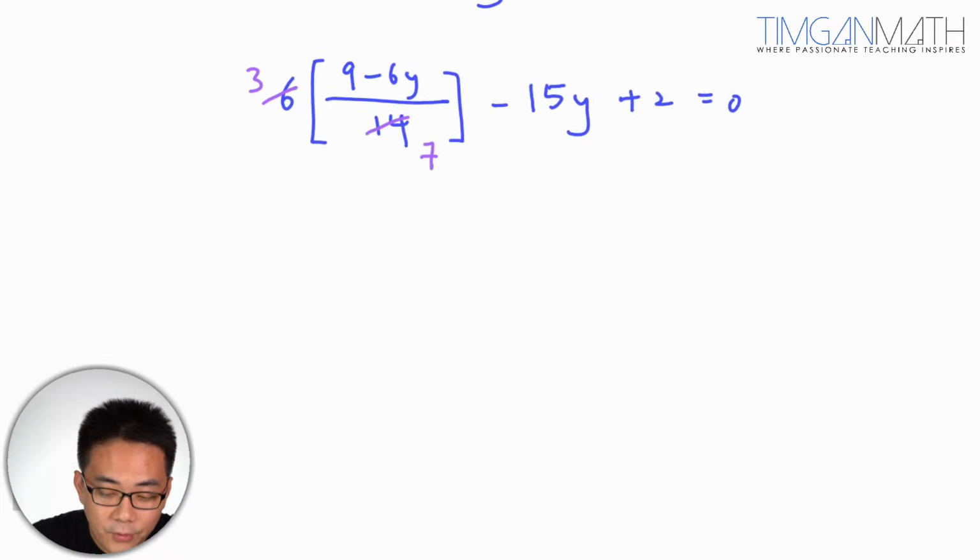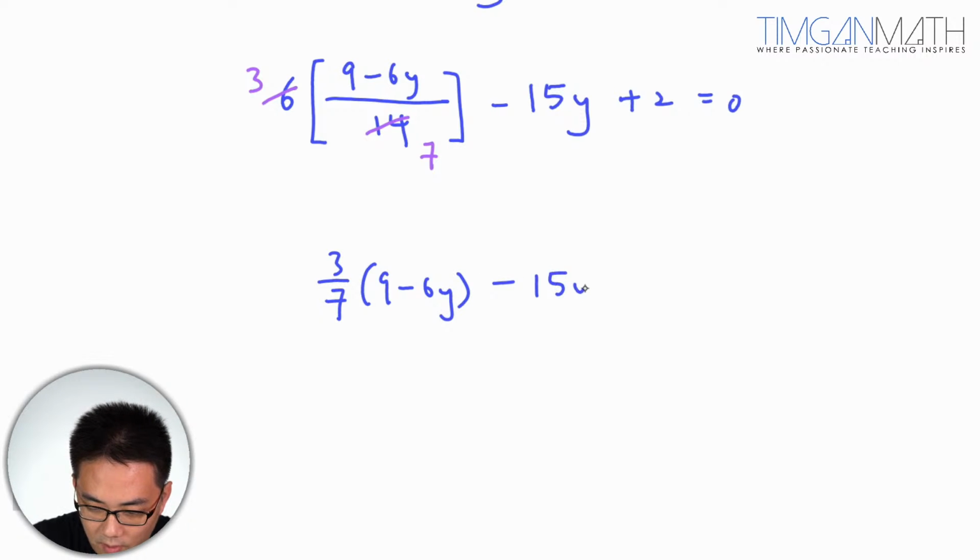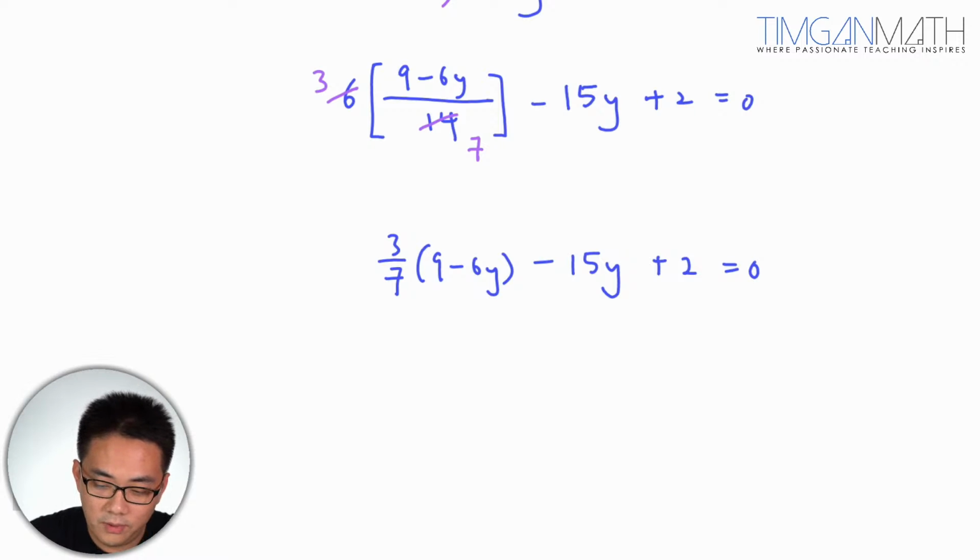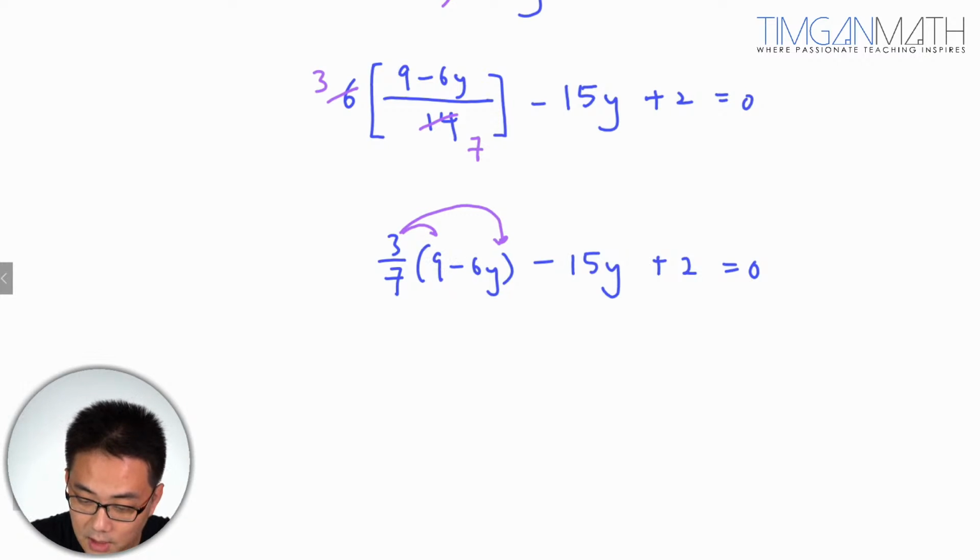Then after which you get, if you're not too sure, this is 3 over 7, 9 minus 6y minus 15y plus 2 equals 0. Just slowly do it. You could just solve it like that. Meaning to say you just distribute it in, right? So 3 over 7 times 9 and 3 over 7 times minus 6.